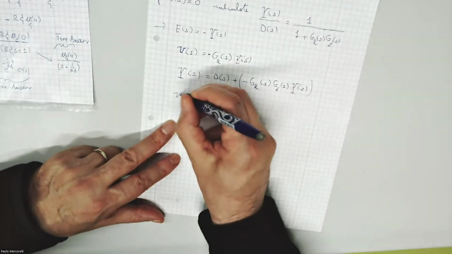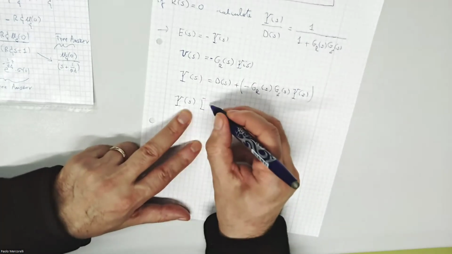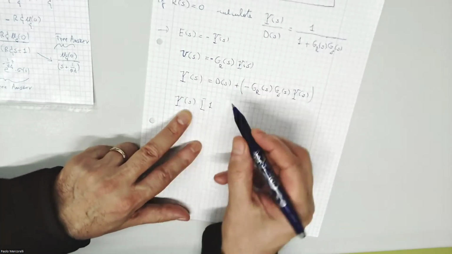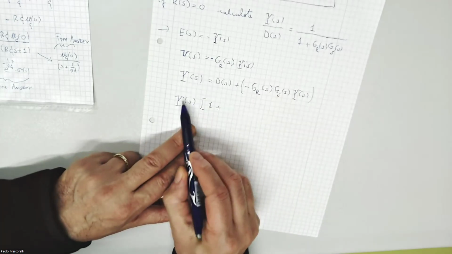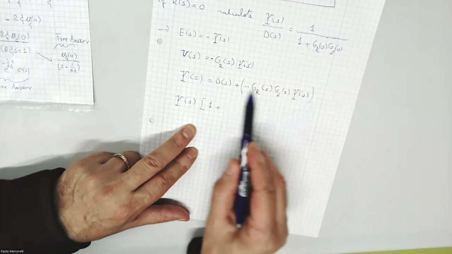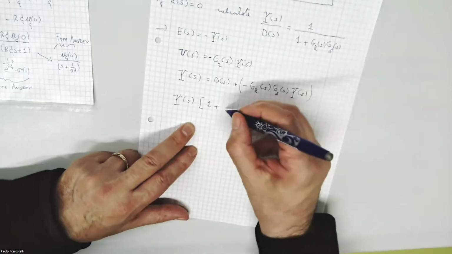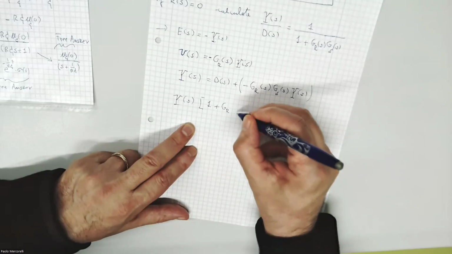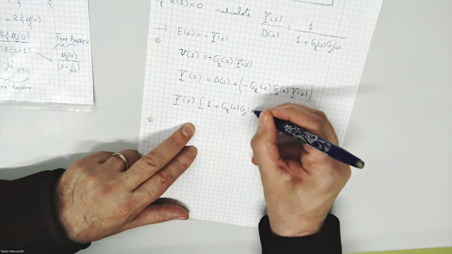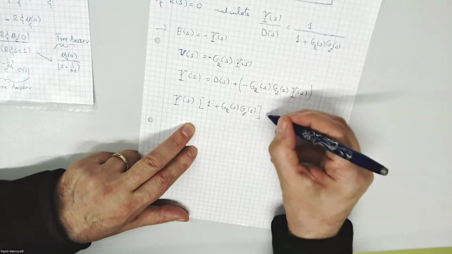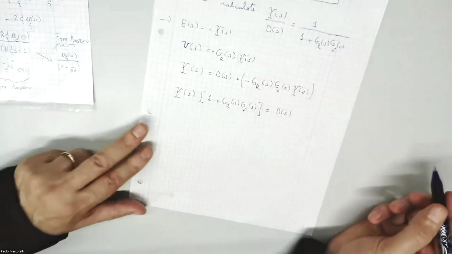This means Y of S, as we did many times, multiplied by 1 plus... We can see on the left part Y of S, and we consider this element here on the left part. This means GR of S, which multiplies GS of S, equal to what? D of S.